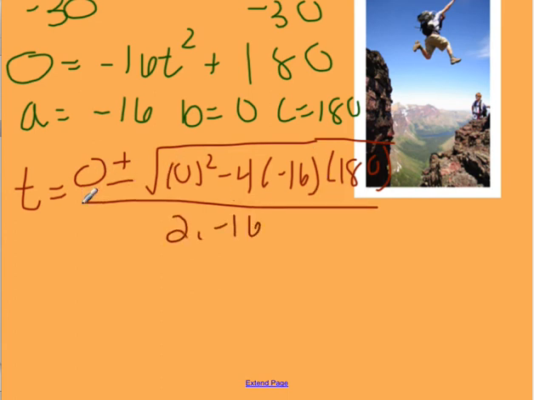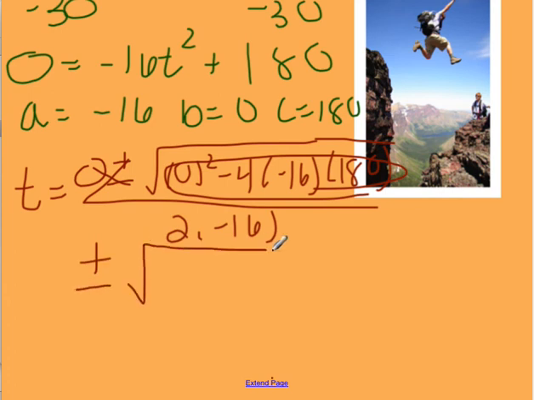So this 0 is really going to cancel out. All we're going to be left with is just the radical. So we're going to have plus or minus the square root of 11520 divided by negative 32.